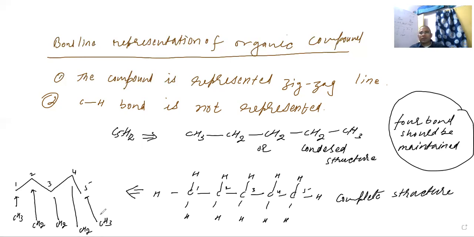That way we are supposed to represent any organic compound. This is known as the bond line formula, which we have to keep in mind.